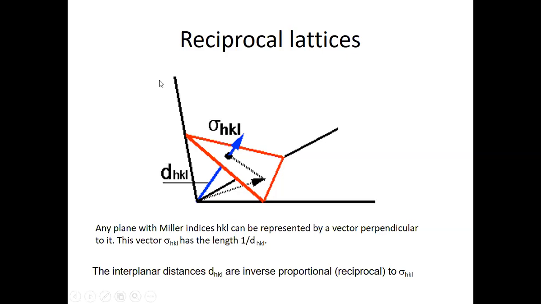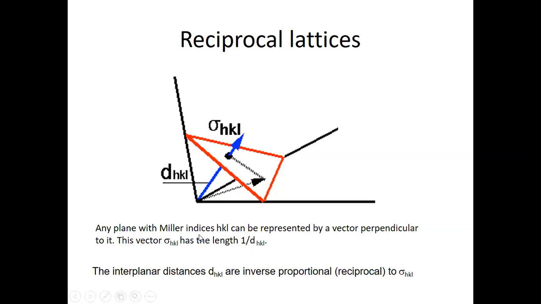We can define a vector that points from the origin to the crystal plane, whereby that vector stands perpendicular to that crystal plane and has the length of 1 over d, the interplanar distance of the crystal planes in real space.